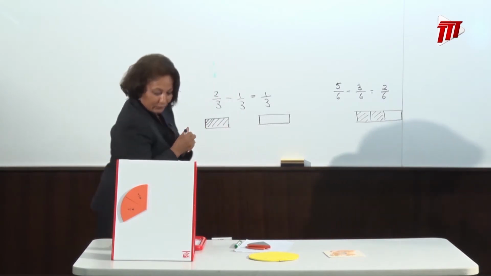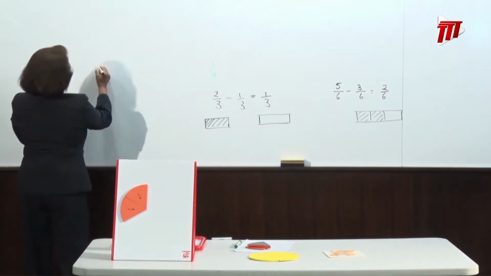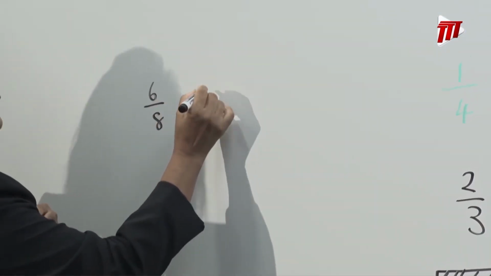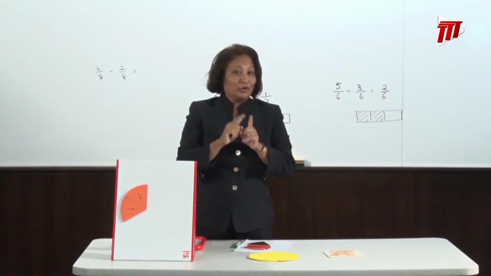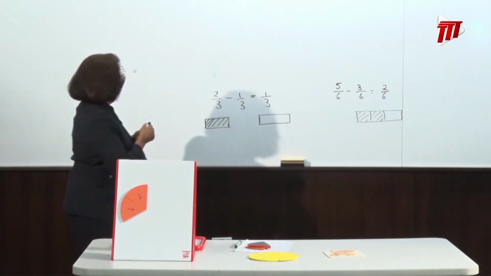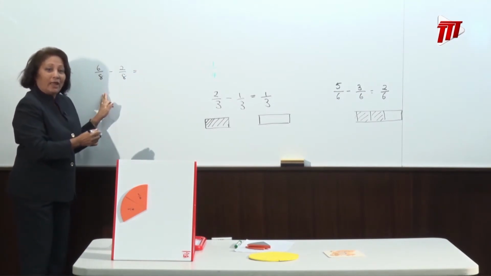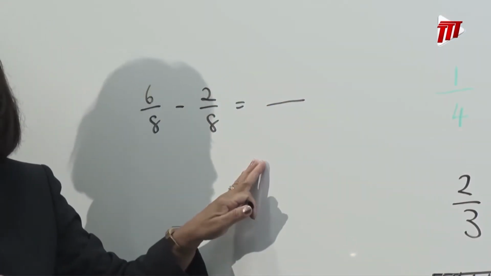All right? So I have 6/8 minus 2/8. What you expect to get is, because the denominators are the same, your answer would carry that same denominator.